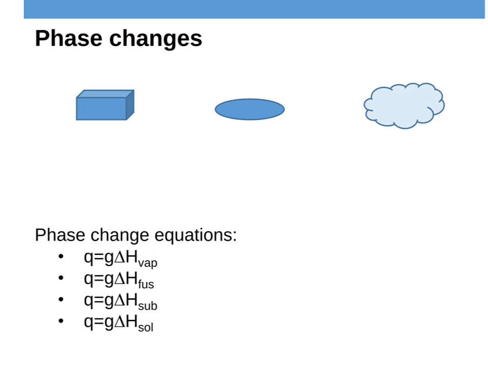First, let's make sure we know our phase changes so that we have all of this vocabulary. As I've used these diagrams before, this is supposed to be a solid, a liquid, and a gas.